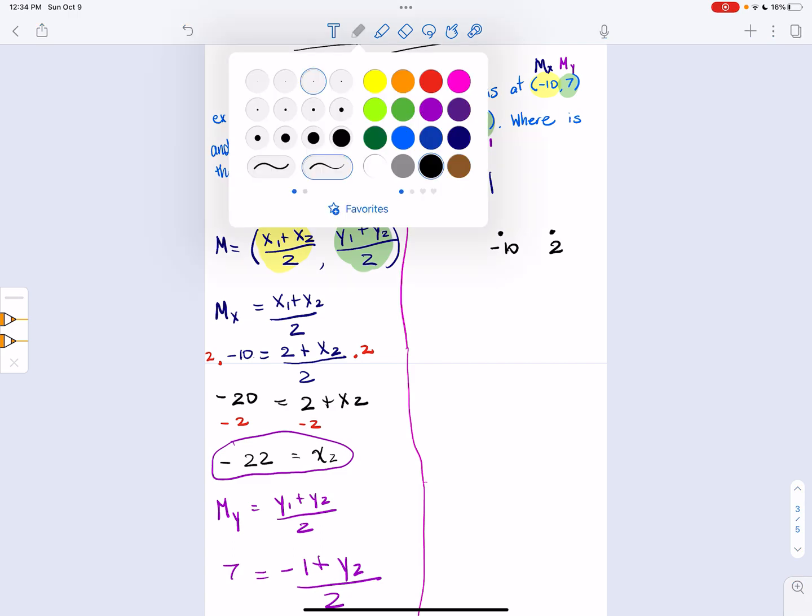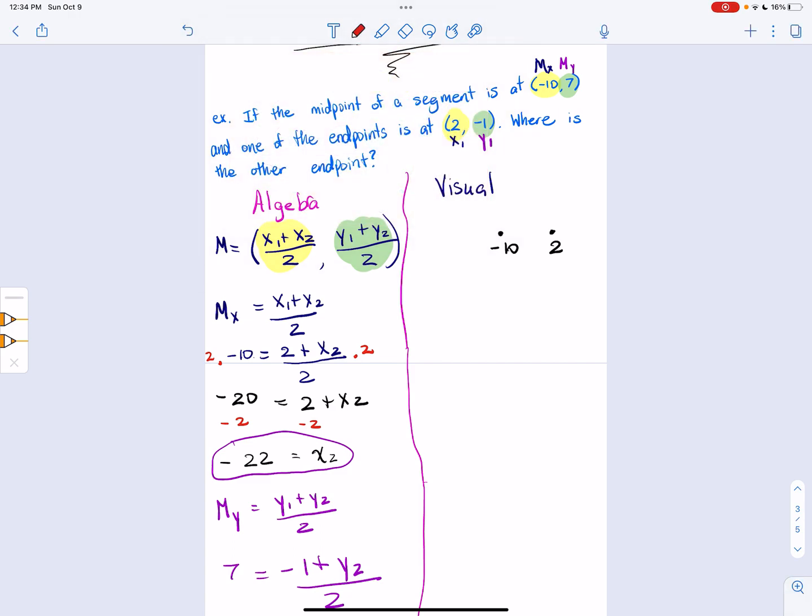So if I figure out the space between those two points, from negative 10 to 2, they're 12 units apart. I can do that by counting, I can do that by subtracting. I just know that from negative 10, counting all the way up to 2, you get 12 units. So now if I want to know what happens if I go backwards, I have to count backwards 12 units.